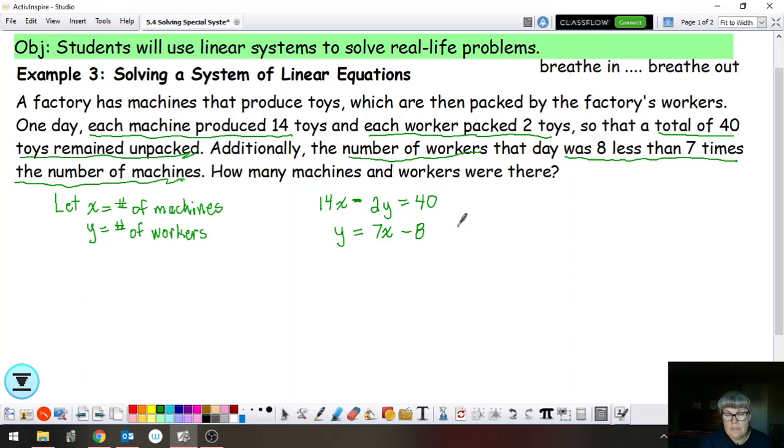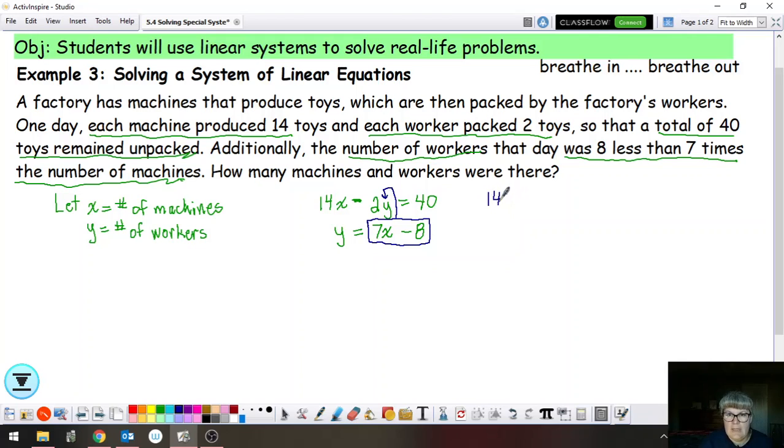Now it looks like we have a system that's set up nicely for substitution, because that second equation is y equals. So I'm going to take this 7x minus 8 and put it in for y in our first equation.